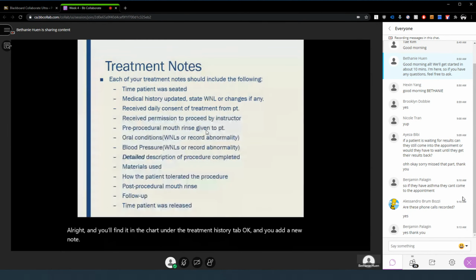So what type of information goes in there? Everything from when the patient was seated, to the medical history being updated, what the state of the update was, when you received permission to proceed, that you provided the patient with a pre-procedural mouth rinse, any oral conditions or health conditions that might impact care that day, and a very detailed description of the procedures completed.